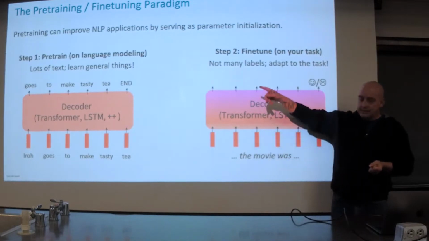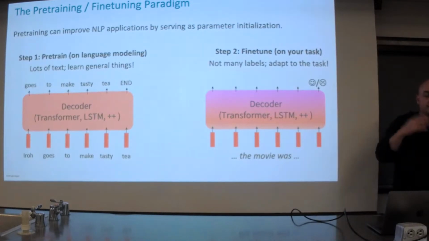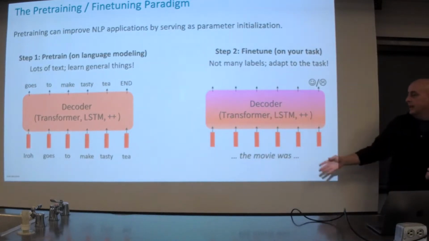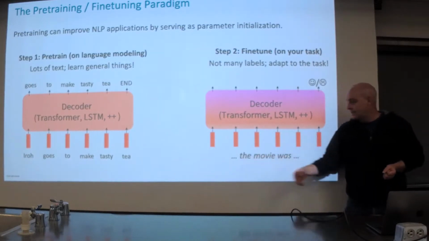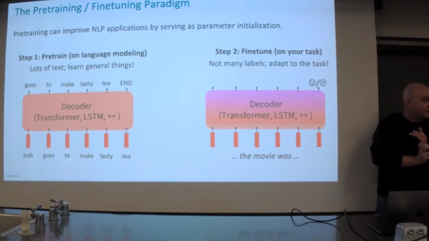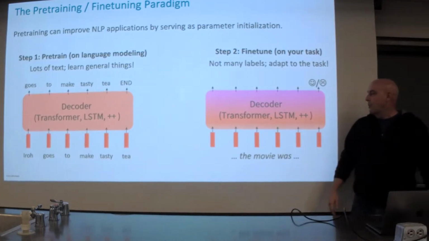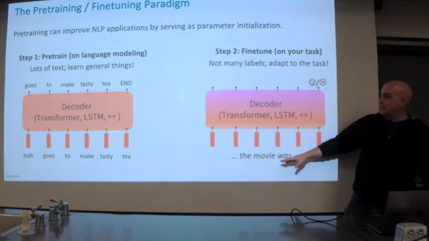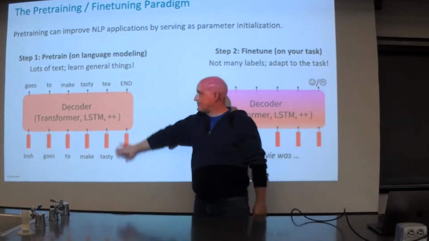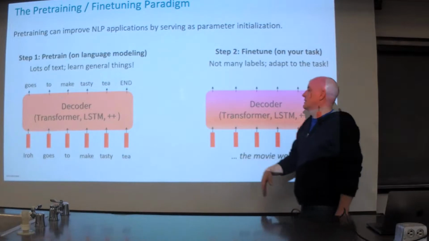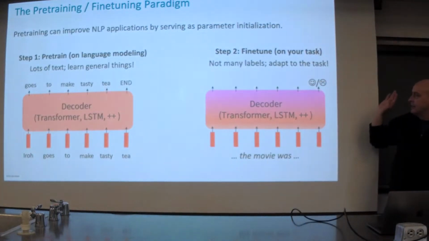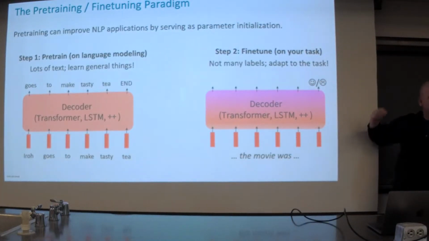One of the tasks that exists in GLUE is this collection of movie reviews. When I look at this sentence, is it saying something positive about the movie? Is it saying something negative about the movie? Is it saying something neutral about it? So, literally what we do is we take these things that are pre-trained on this general task, and then we say, okay, let's now train it a little more.